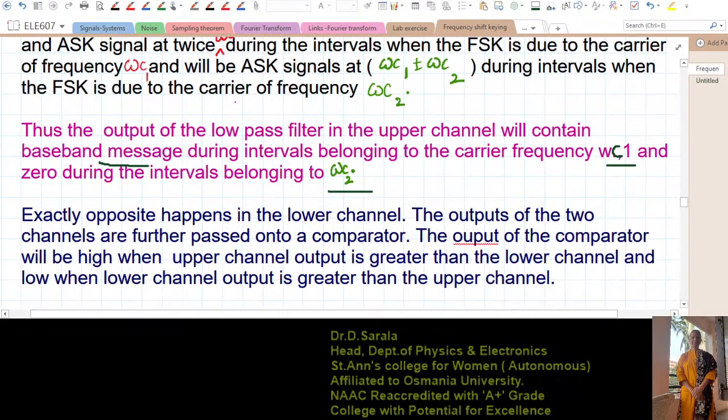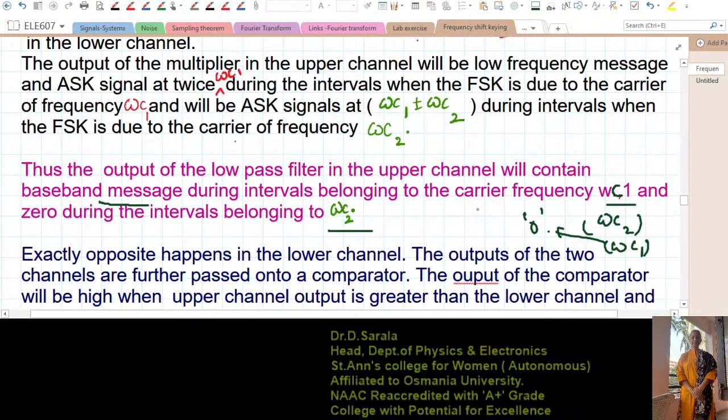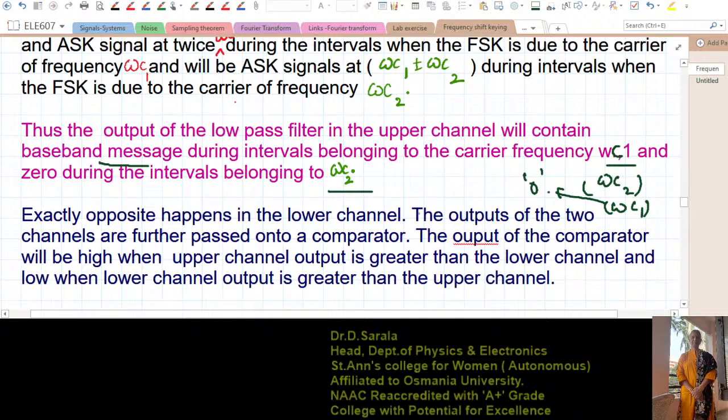Exactly opposite happens. The output of the lower channel will be passed on. So what happens if it is lower channel? It will have omega C2 passed and it is 0 when omega C1 is passed. So during this time it is 0. So upper channel will allow omega C1, lower channel will allow omega C2 and it is 0 at the remaining times.